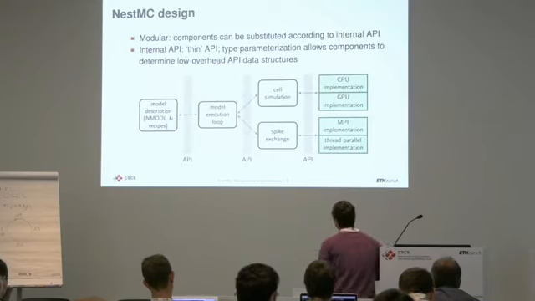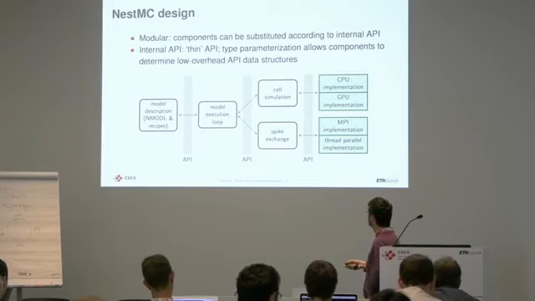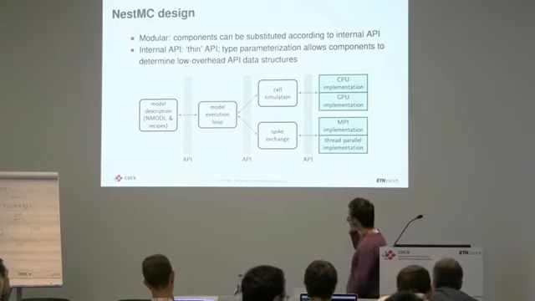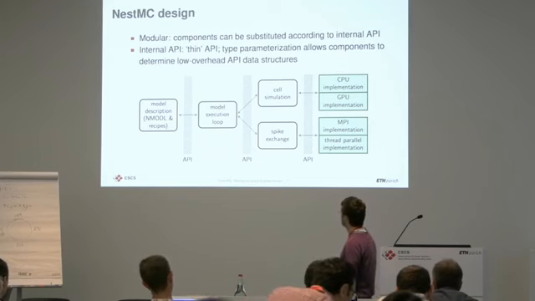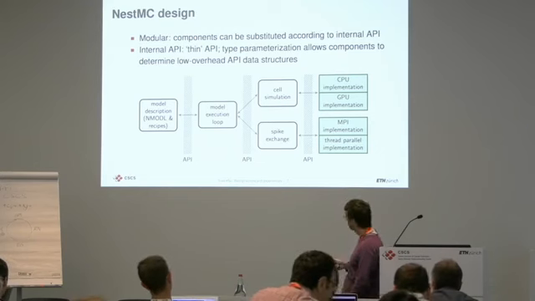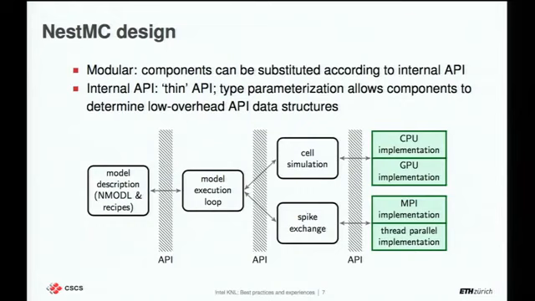So, as you can see, these are the different layers of the design, and each layer is separated from the other with interfaces. Here is how a model is executed, and then you have specific modules, for example, for the cell simulation and how you exchange the spikes. This can be implemented in different ways.